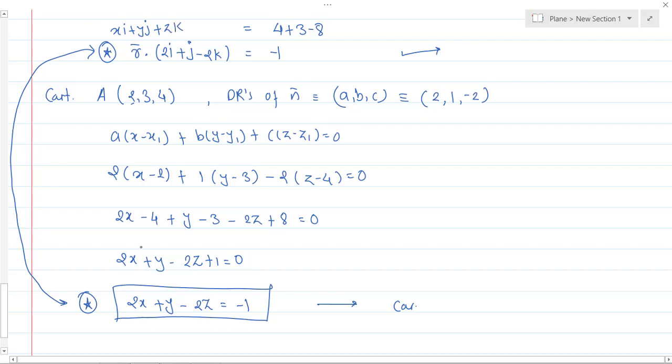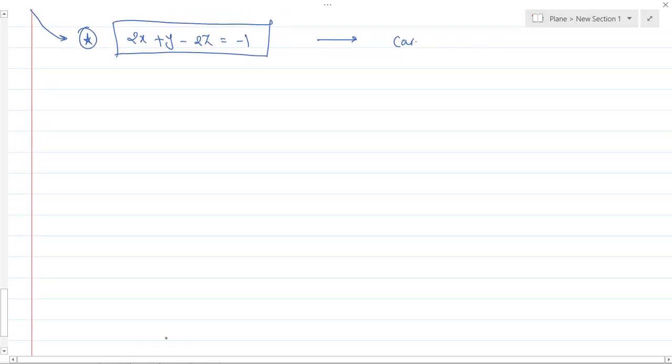Can you tell me how to jump from the vector equation to the Cartesian equation? Nothing to do, boss, in the vector equation just substitute r bar equals xi plus yj plus zk, that's it. You will get the same answer.